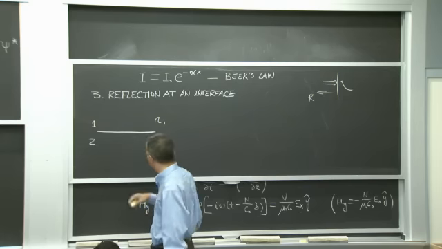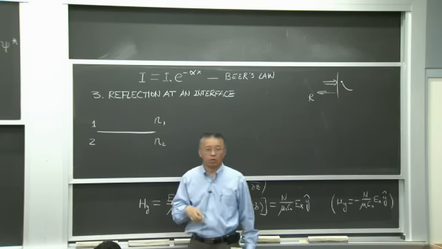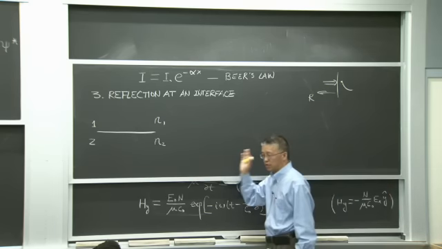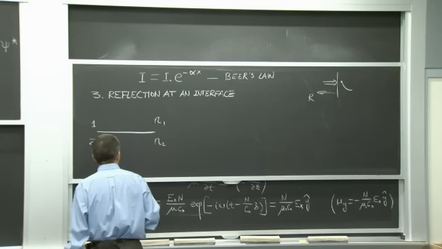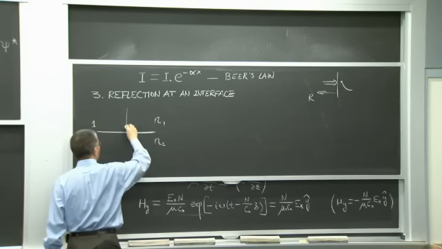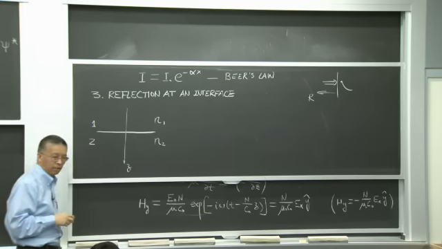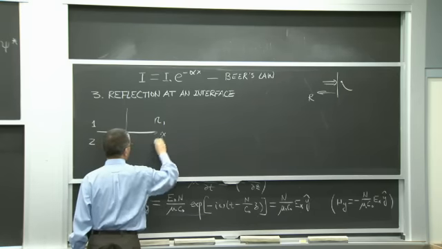And here I can write N2, and I'll extend to the case when they're lossy. I'll discuss it. The math is identical, but there are some subtle differences. And I have the z direction, this is my z direction of wave propagation, and this is my x direction.